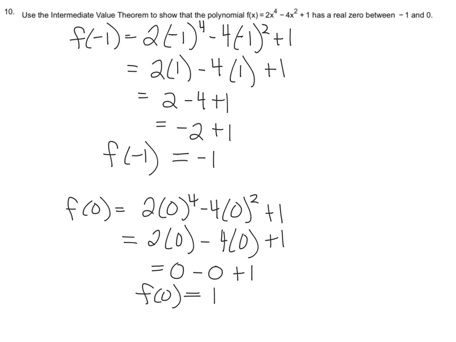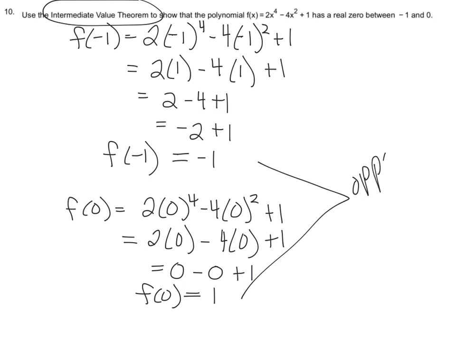Now, the intermediate value theorem says that if we have opposite signs in our resulting values, then there is a real zero between negative 1 and 0. So we want to check to see if we have opposite signs.